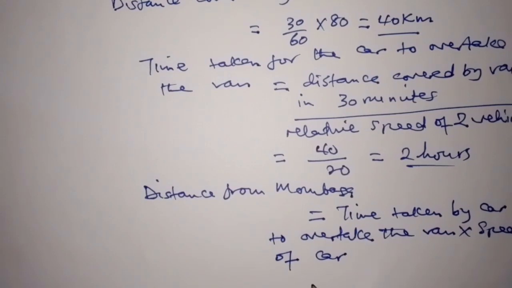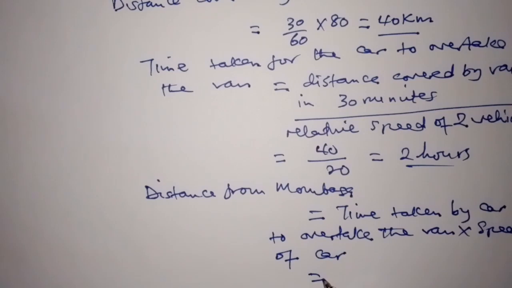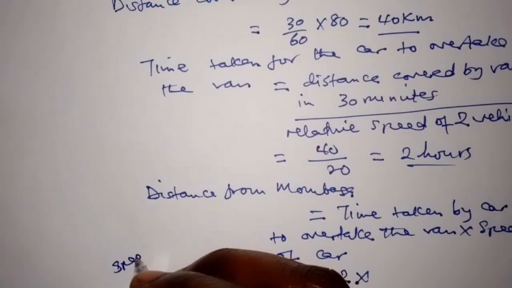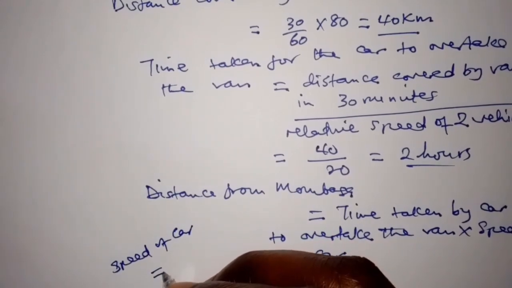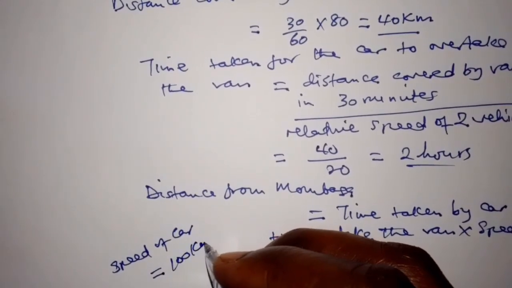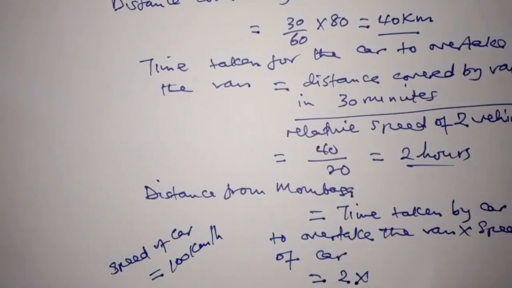Time taken by the car to overtake the van, we have found it to be 2 hours. The speed of the car, we are given to be 100 kilometers per hour. So we multiply 2 times 100.